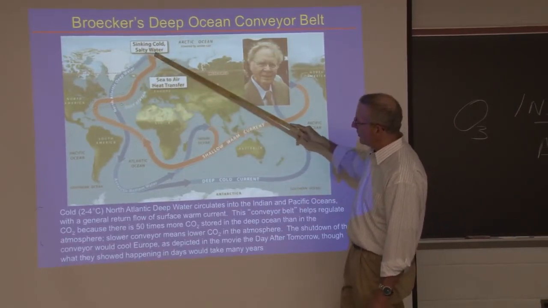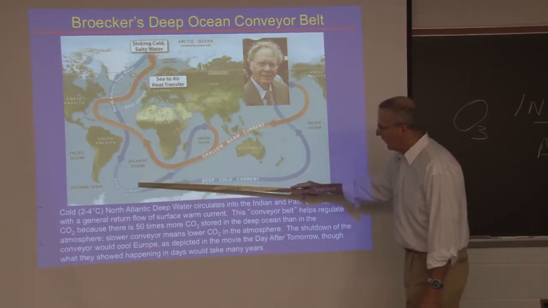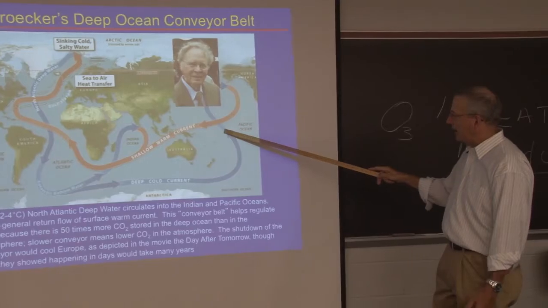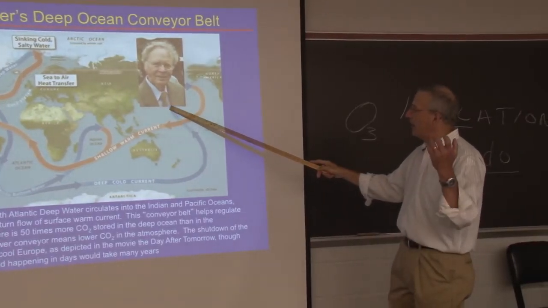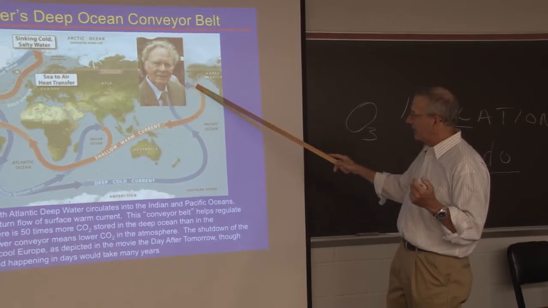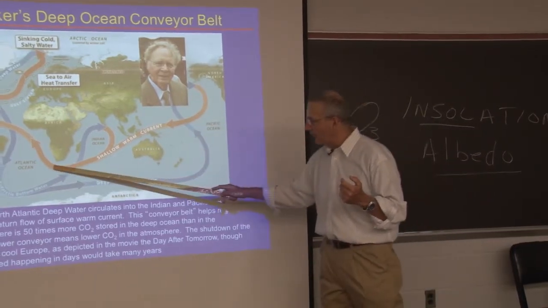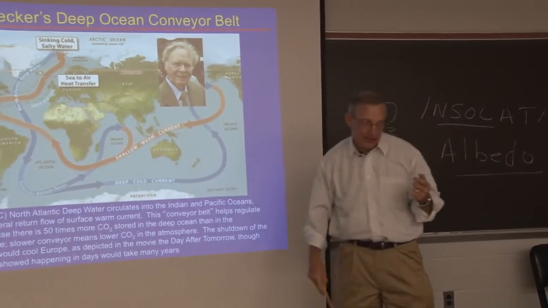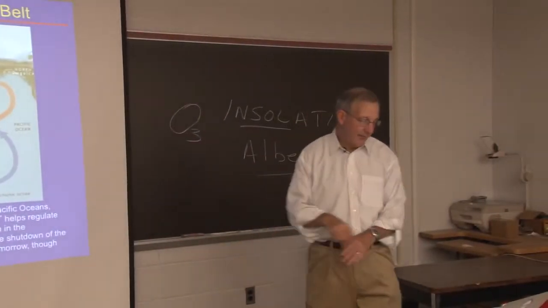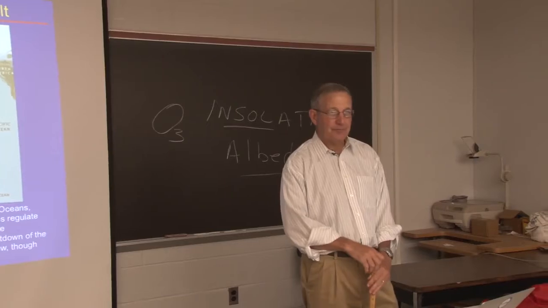This is the surface current. This deep current flows into the Southern Ocean here and begins to come up toward the surface in the Pacific in what we call upwelling. There's actually a continuation of the return flow in the surface. This has been dubbed by Wally Broecker of Lamont Doherty the Great Conveyor Belt.